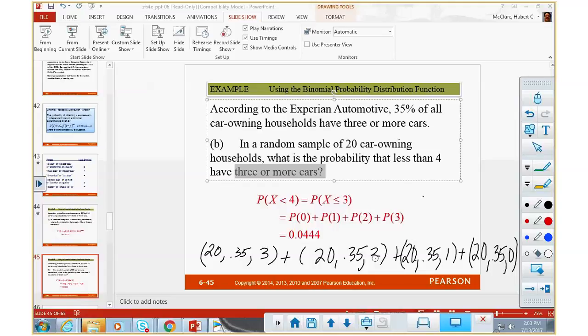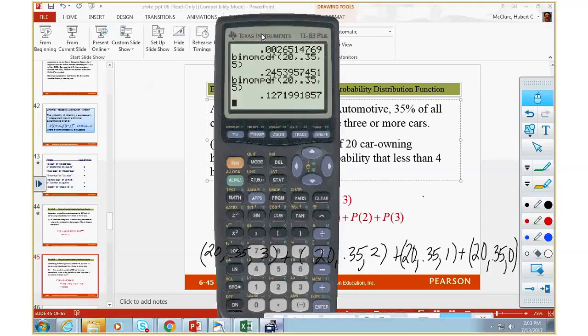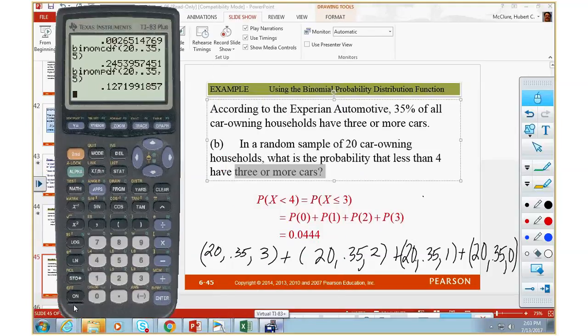Now you're going to learn how to use that second entry and stow button. All right, here we go. So I'm going to take my handy dandy second entry, and I'm going to put 20, 0.35, and 3. Enter.